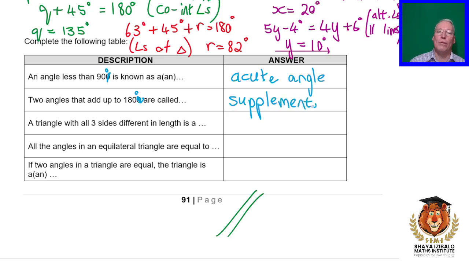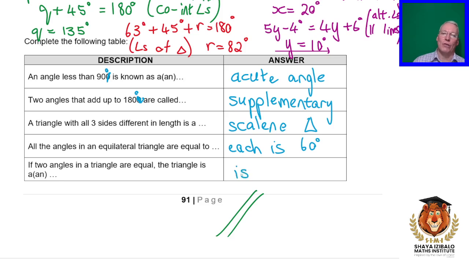A triangle where we've got all three sides of different length is a scalene triangle. All the angles in an equilateral triangle add up to 180 degrees. Each is 60 degrees. And then if two angles in a triangle are equal, what sort of triangle is it? It's an isosceles triangle.